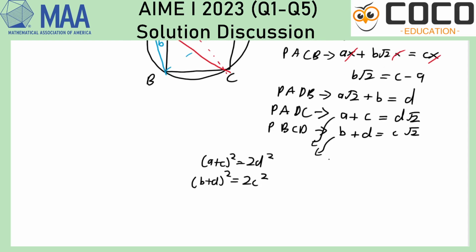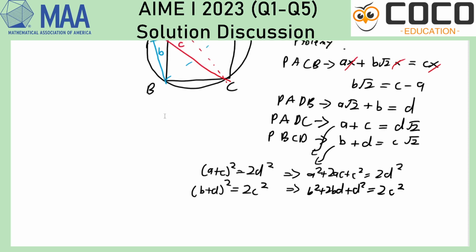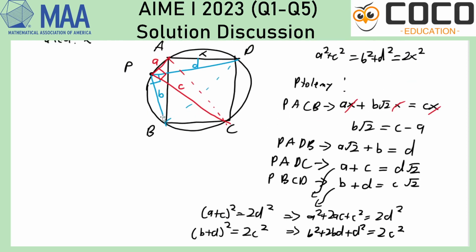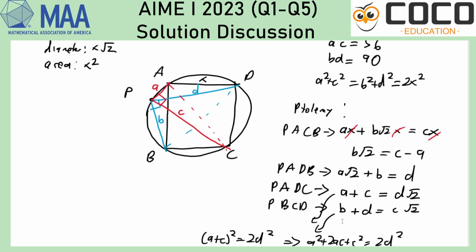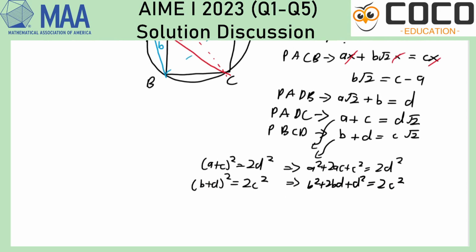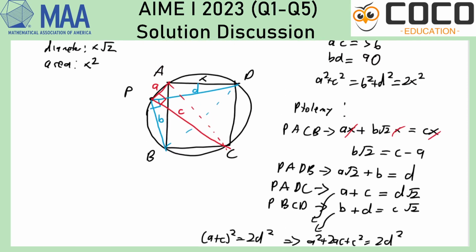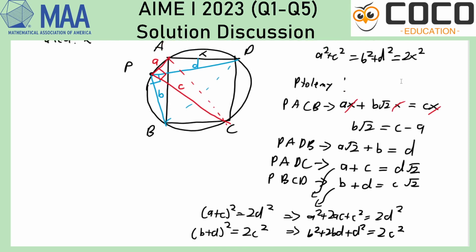If I expand it out, now 2AC and 2BD, I have got the values inside, so I can put them in. And A squared plus C squared and B squared plus D squared are 2x squared as well.